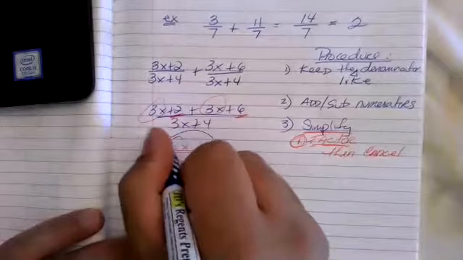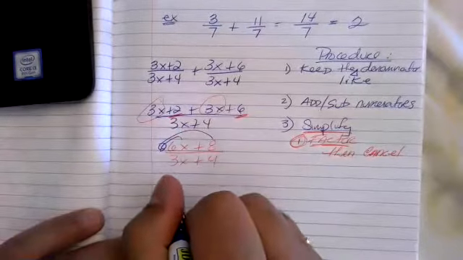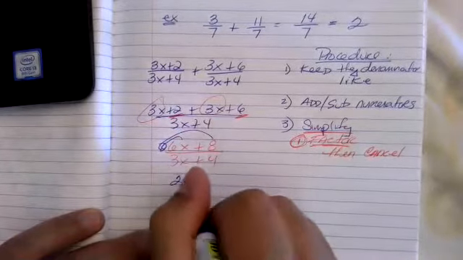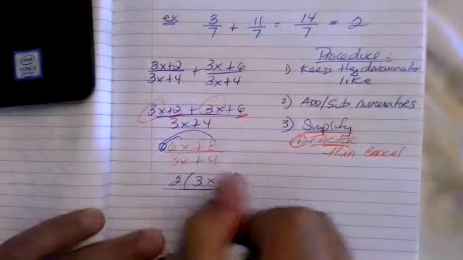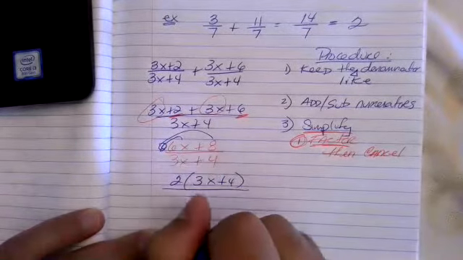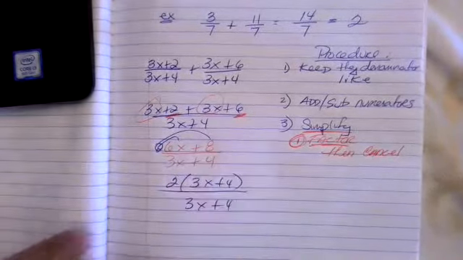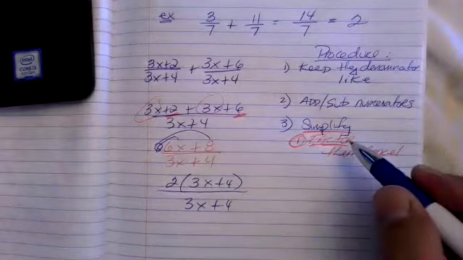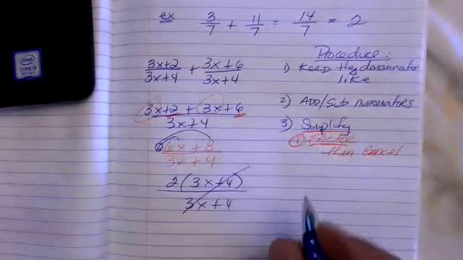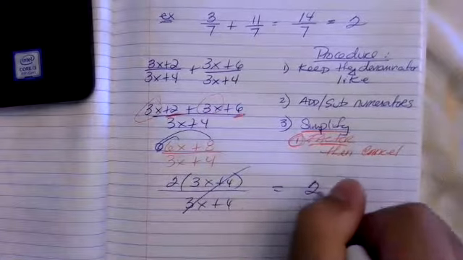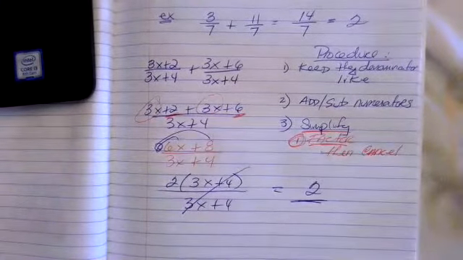In this case, I have a GCF here of 2, and here I have no GCF. So I factor, I find my like factors, I could cancel them out, so my final answer here is 2.